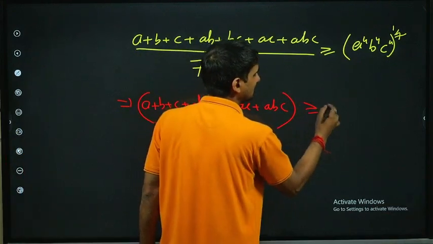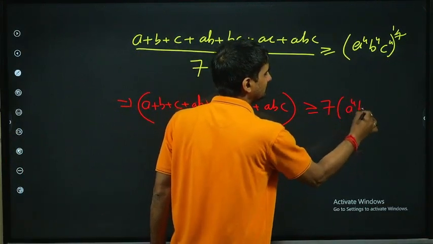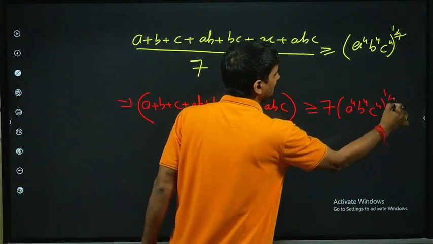So this is greater than or equal to 7 times (A^4 B^4 C^4) whole raised to the power 1 by 7.